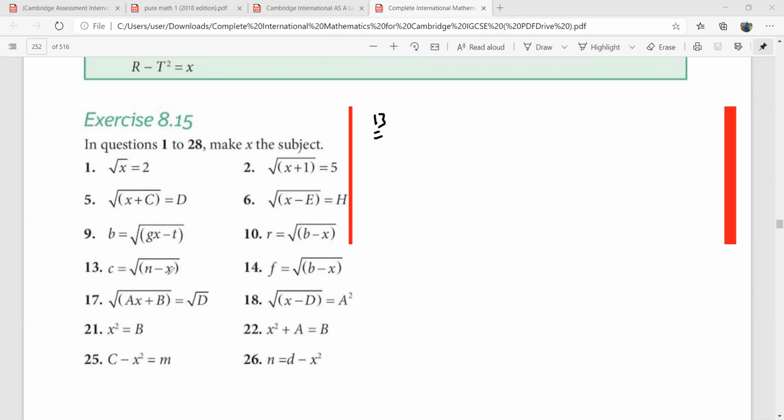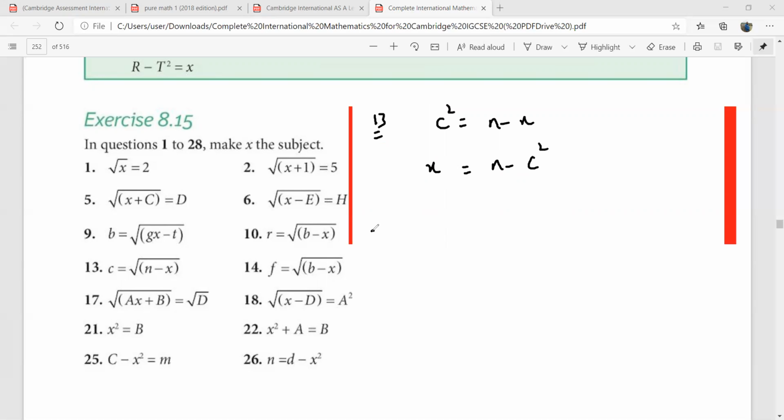This X is trapped inside the square root. So you have to take the squares on both sides to get rid of the square root. This is going to be C squared, that is equal to N minus X. Then this X moves to the left hand side and becomes positive, and C squared goes to the other side. That is how X is now the subject.